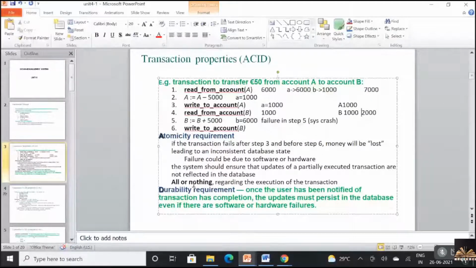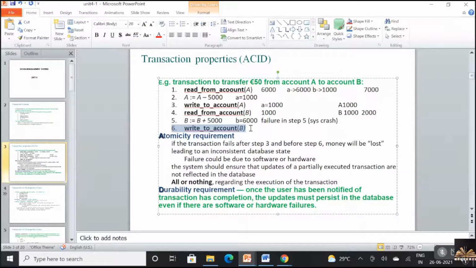Okay. The system should try to ensure that updates of any partially executed transactions are not reflected in the database. Partially executed transaction meaning I have executed from step 1 to step 5, but I did not execute all the steps of the transaction because I did not even start touching step 6.